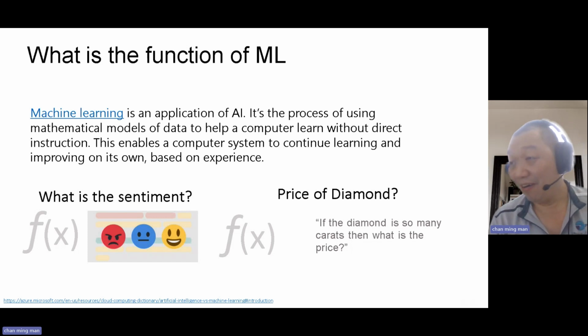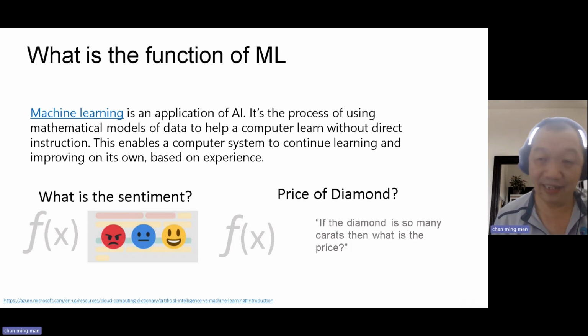Basically, ML has a lot of functions. Just now in the previous talk, you heard about supervised learning and unsupervised learning. ML can give you the sentiment: when somebody says something, it can say this sentence is bad, this sentence is fair, and this sentence is good.